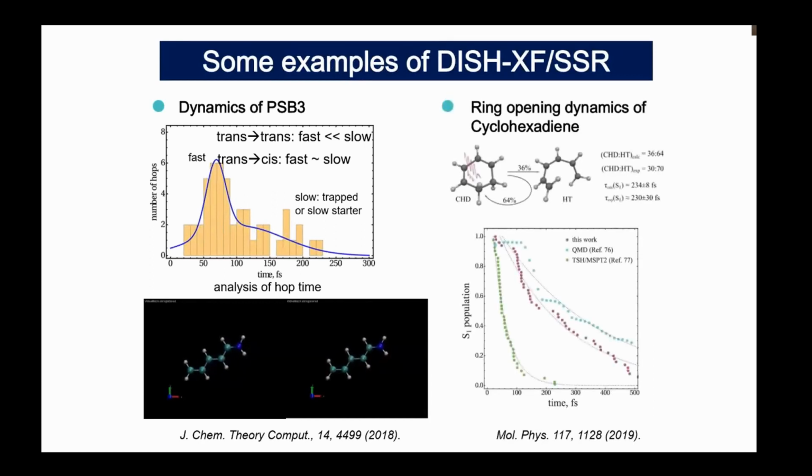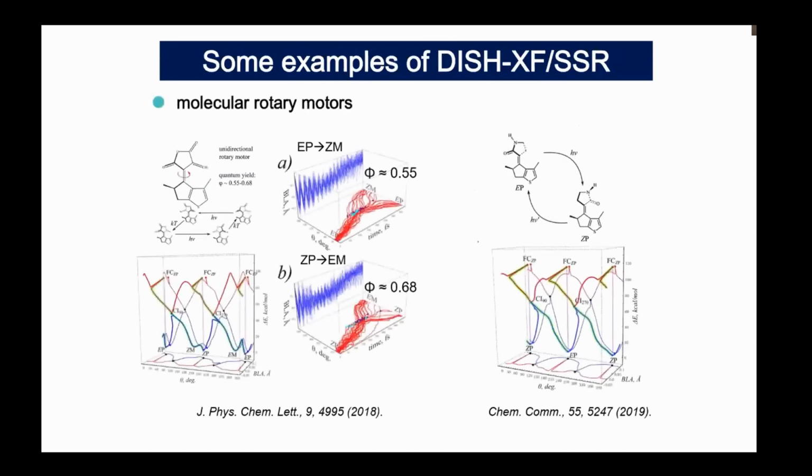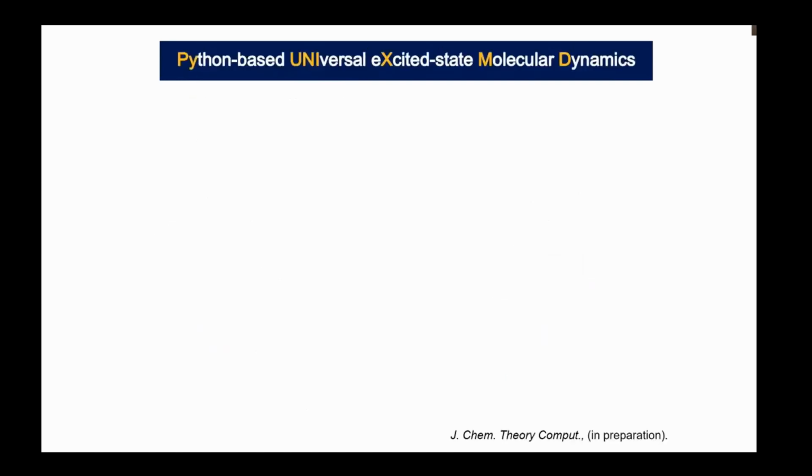We also calculated the ring opening dynamics of cyclohexadiene, and here we can capture the correct lifetime with our work compared to the quantum dynamics simulation. In addition, we applied our algorithm based on this SSR approach. We calculated molecular rotary motors like this one and this one, and here we were able to design an efficient molecular rotary motor by using our algorithm.